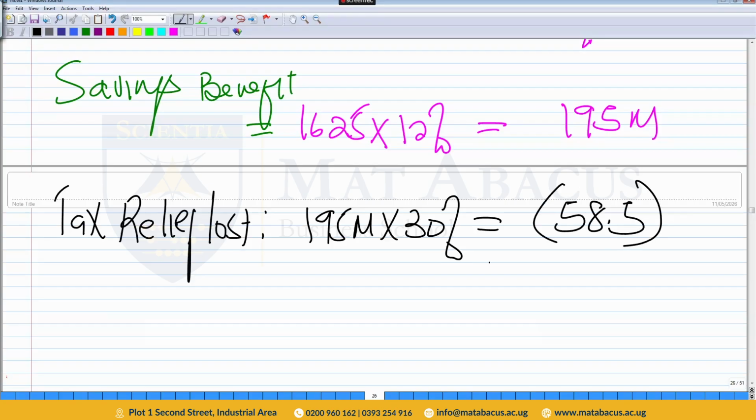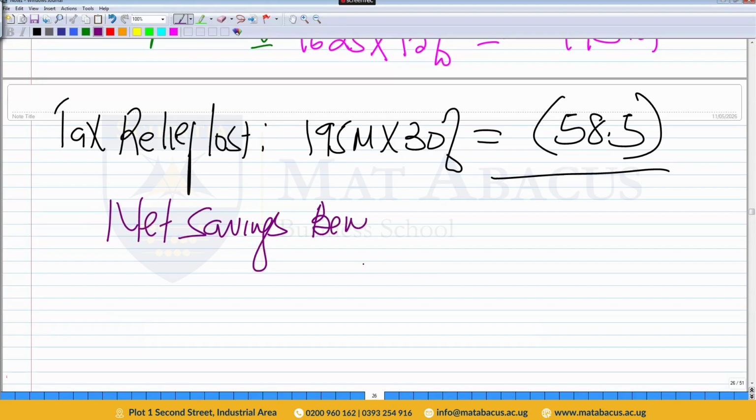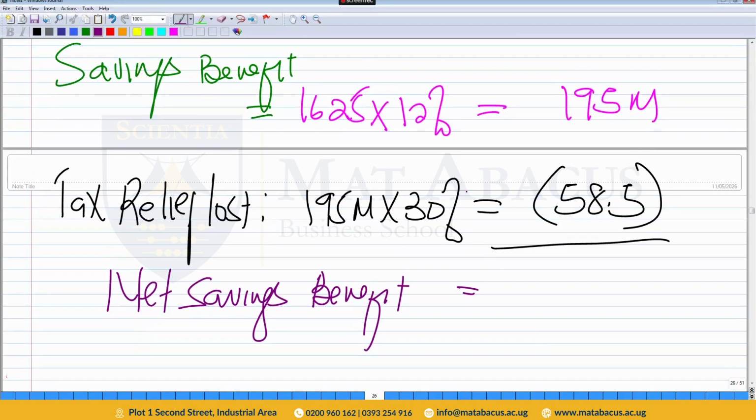This is a negative, and hence when I combine the two, it's when I get the net savings benefit on the cheap loan. The net savings benefit. And when I do that, 195 minus 58.5, you will get 136.5. That is the benefit I will be getting.